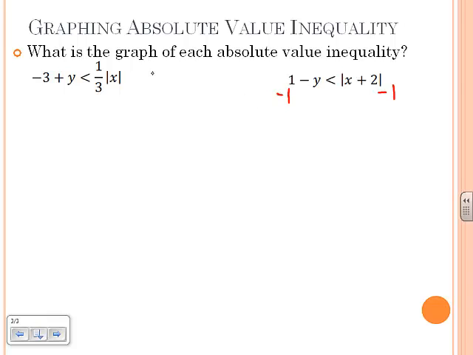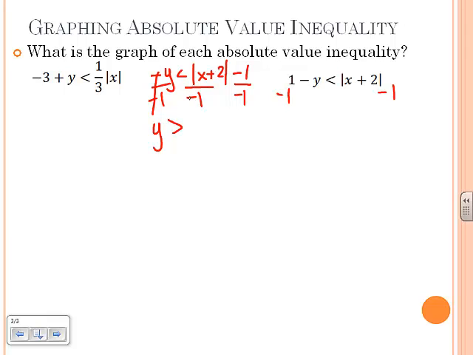So now I have negative y is less than the absolute value of x plus 2 minus 1. Then I need to divide by a negative 1 so that I can get y by itself. When I divide by that negative 1, the inequality sign is going to flip to greater than.